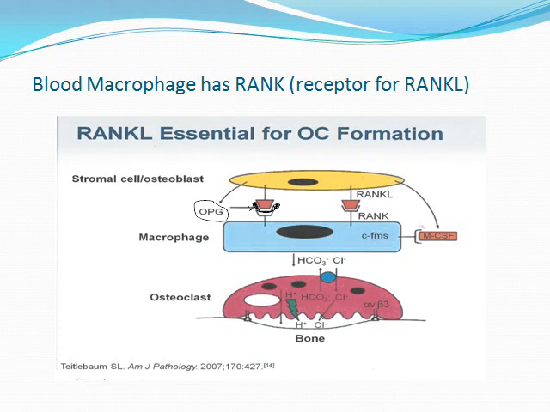Now, this is just to review once again that you can stop osteoclast activity with OPG, and you can see how the OPG molecule fits in between the rank and the rank ligand to prevent the formation of the osteoclast.